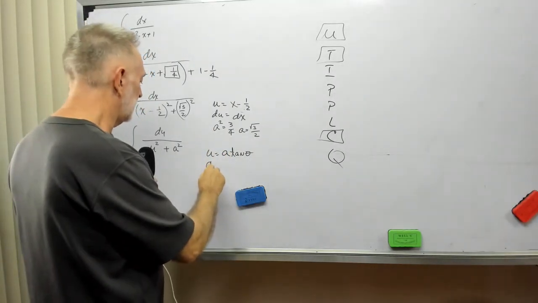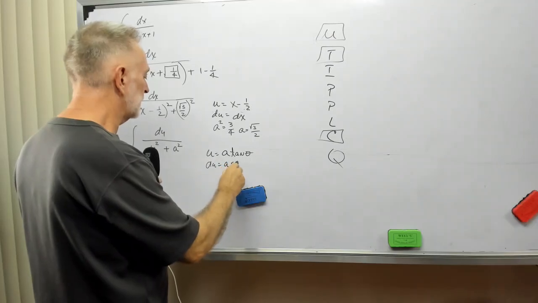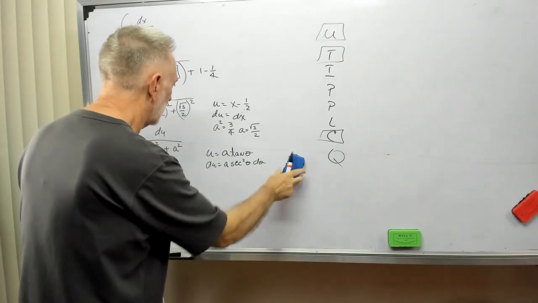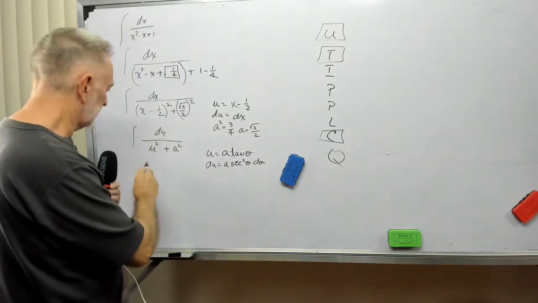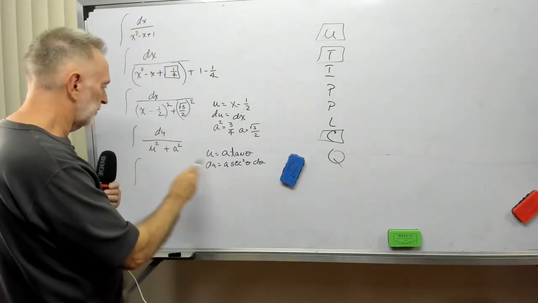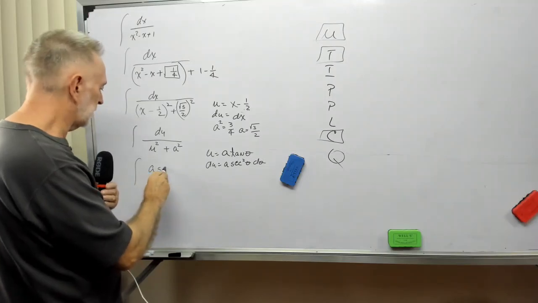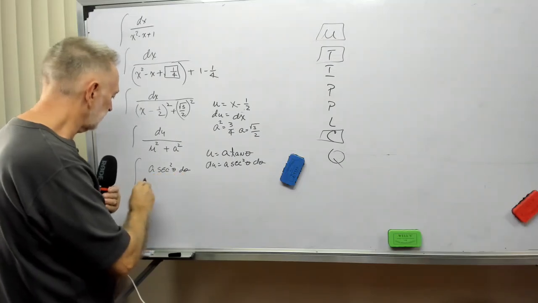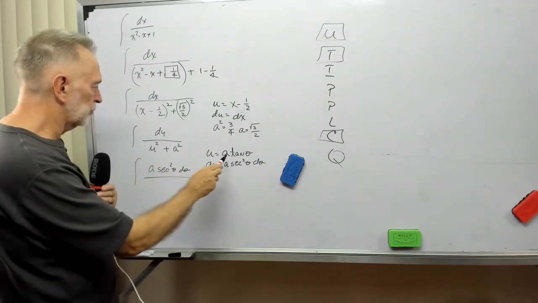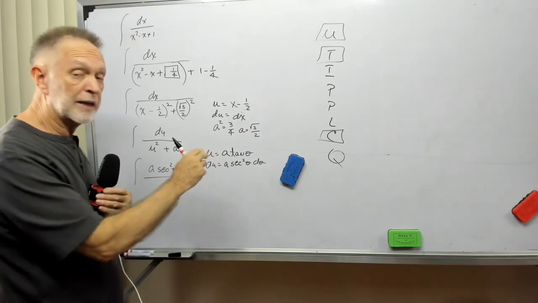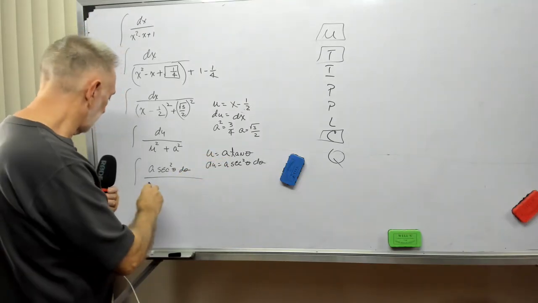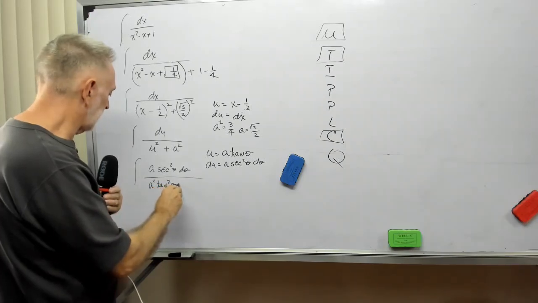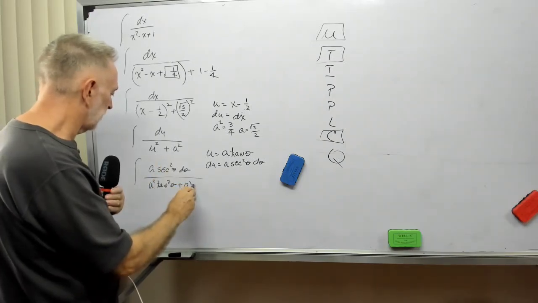Du then equals a secant squared theta d theta. All right, so let's substitute here. We have the integral of du, which is a secant squared theta d theta, divided by u squared, which if I square u, I get a squared tangent squared theta plus a squared.